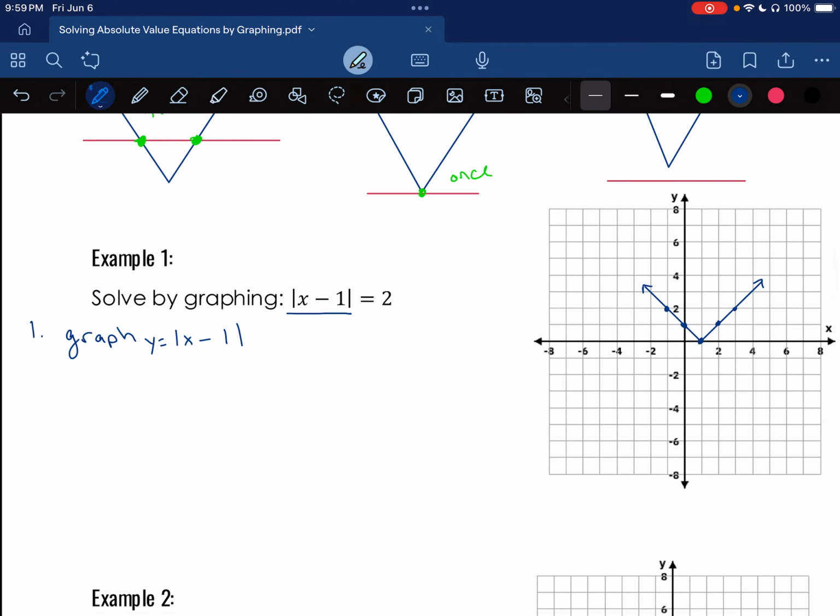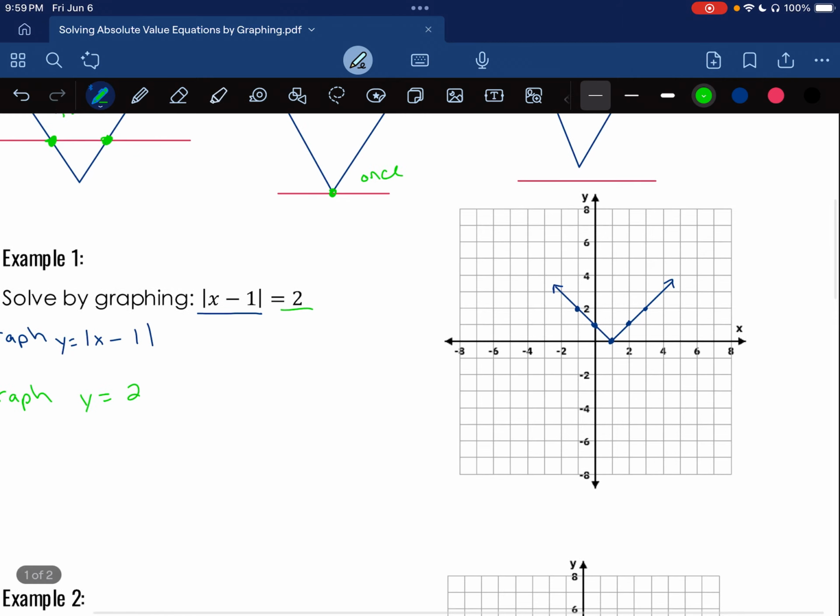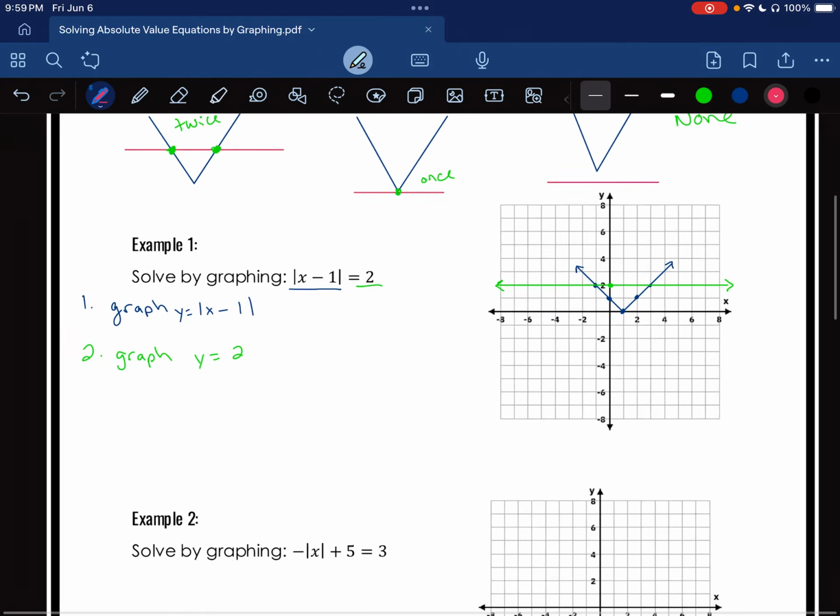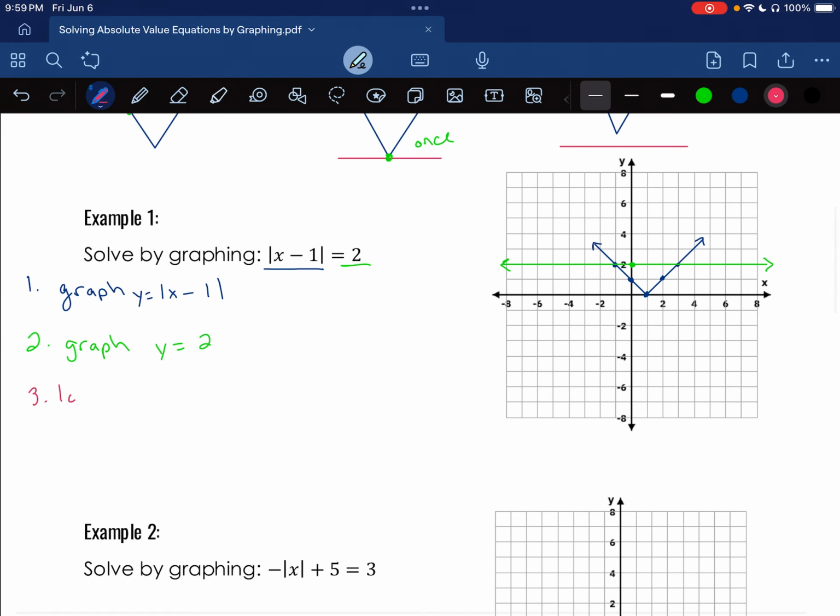Now we're going to graph y equals 2, that horizontal line. Okay, so y equals 2 right here. And this is the line y equals 2. And then we're going to look for points of intersection, where they cross over.